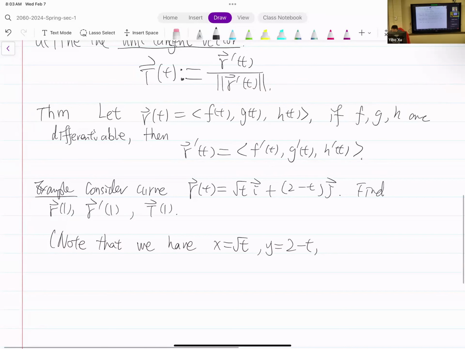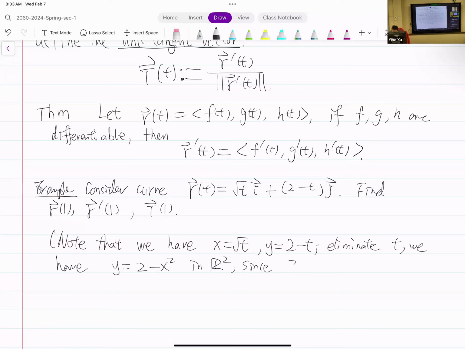So to eliminate t, we have y equal to 2 minus x squared, exactly the way that we do the elimination. Okay, this is in R2. Since the z coordinate is 0, we are lying within the xy plane.